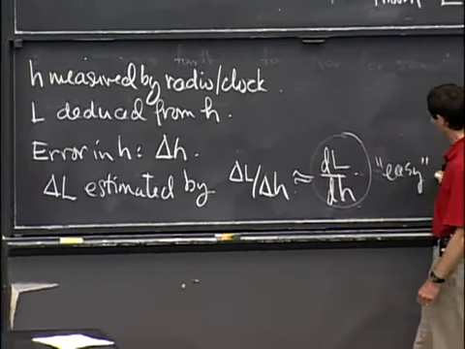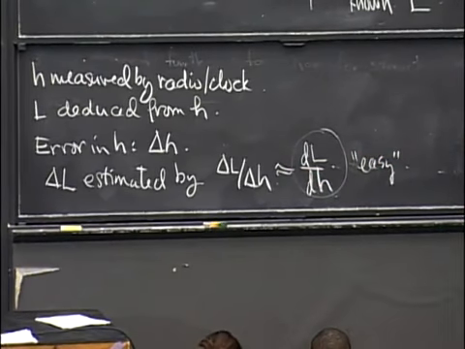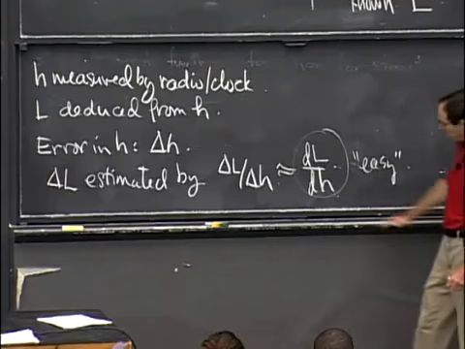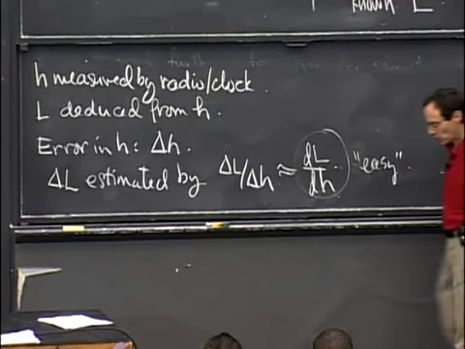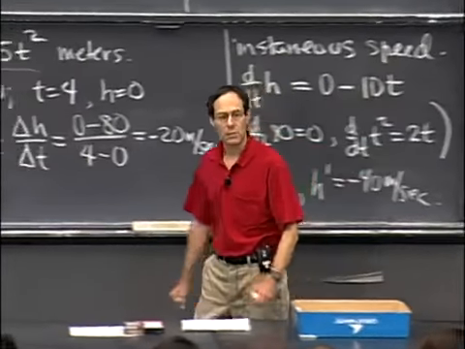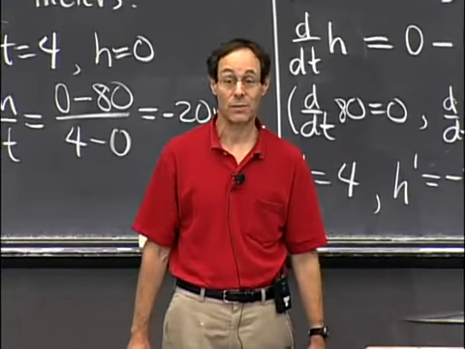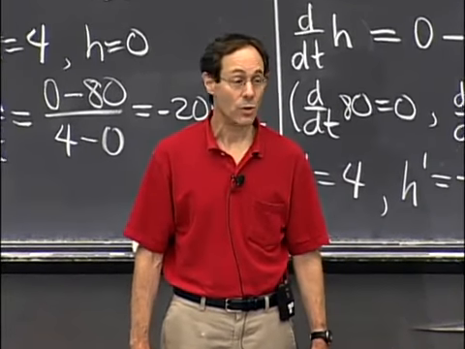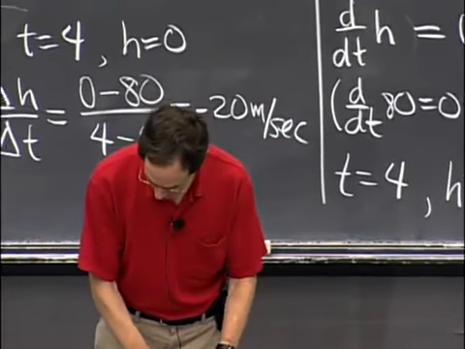Calculus is the easy part, and that allows us to deduce something about the real world that's close by over here. The reason you should care is that it's used all the time to land airplanes. You really do care that they know to within a few feet or even closer where your plane is and how high up it is. All right.